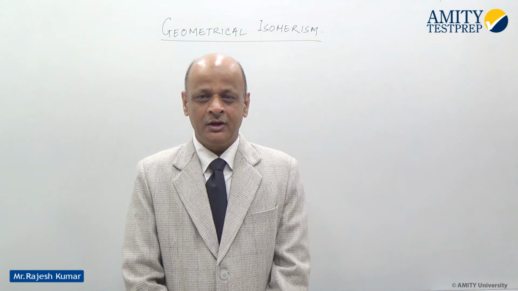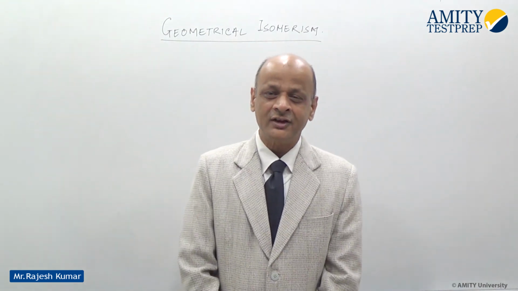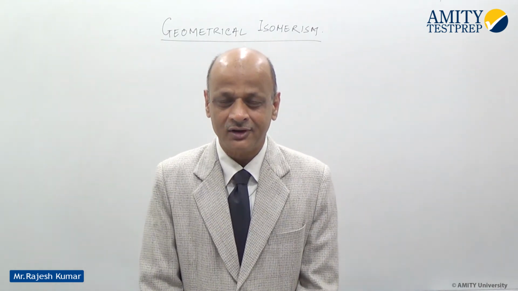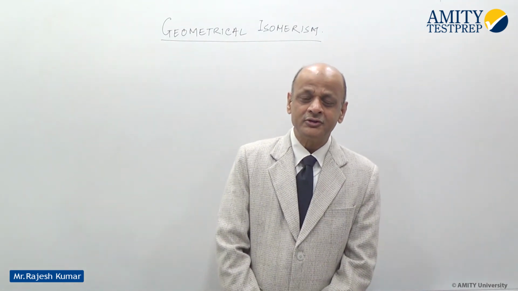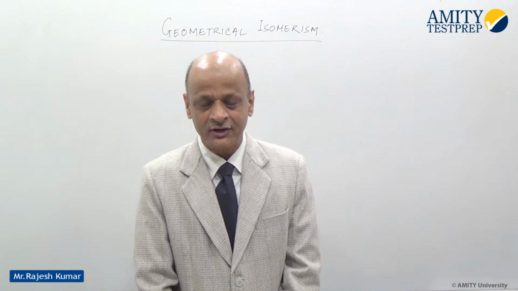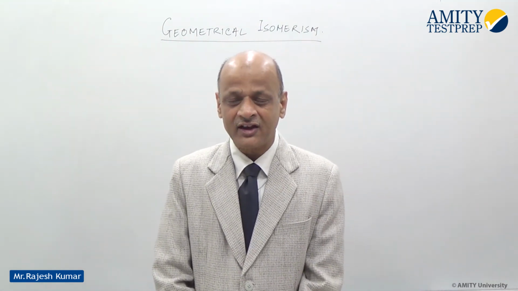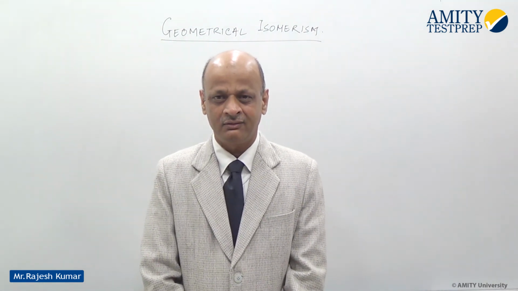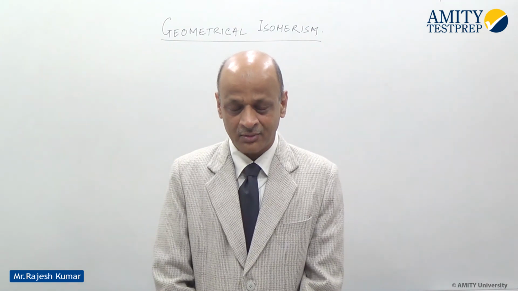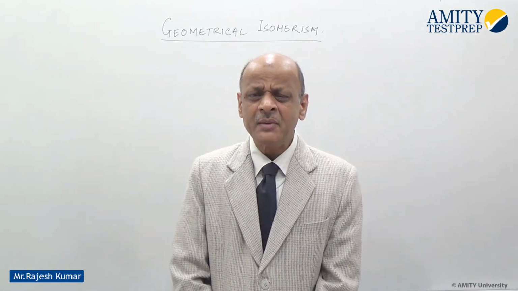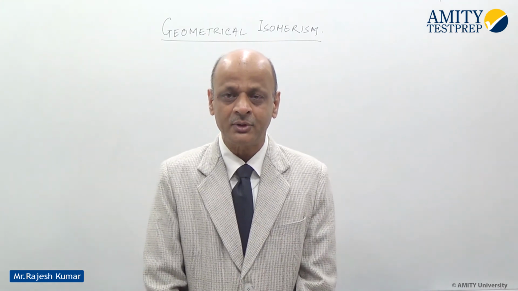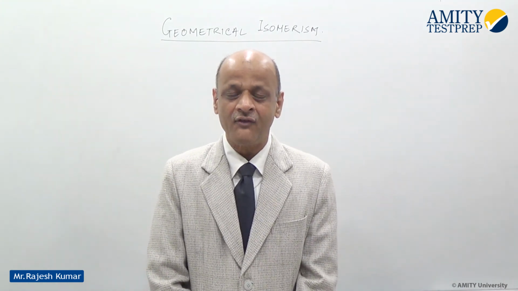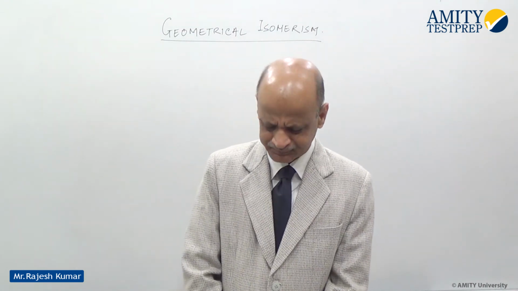Thank you very much. Today we are going to discuss another type of stereoisomerism, called geometrical isomerism. Geometrical isomerism is exhibited by those molecules which are unsaturated, having a double bond or alicyclic ring in their molecule. In this type of isomerism, isomers differ in respect of attachment of the group or atom above and below the plane of the molecule.